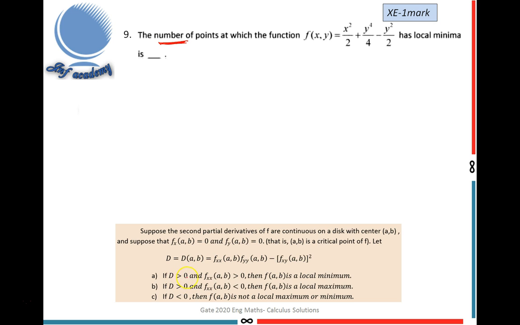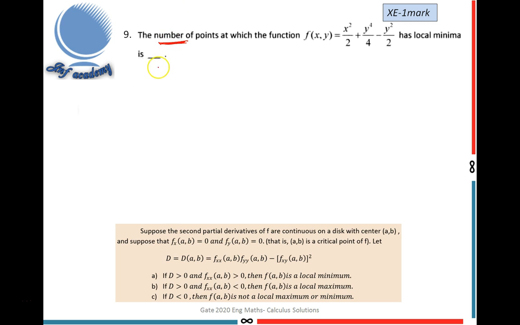If D greater than 0 and fxx greater than 0, then f of a comma b is a local minimum. If D greater than 0 and fxx less than 0, then f of a comma b is a local maximum. If D less than 0, then f of a comma b is not a local maximum or minimum. So here I use this second derivative test.